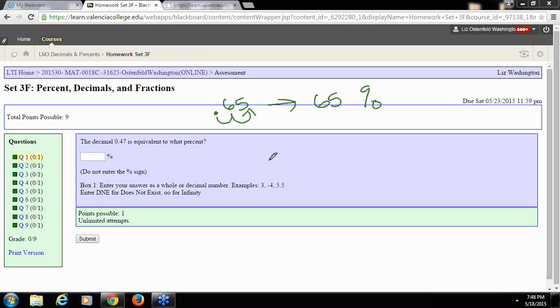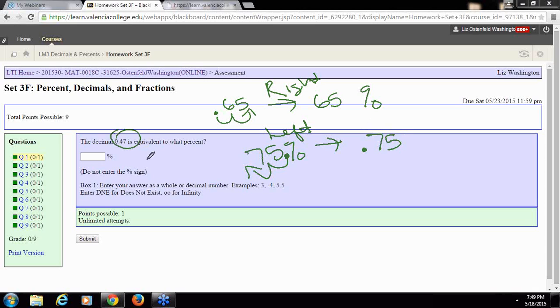And the same thing goes for a percent. Let's say I have 75% and I want to change it to a decimal. Well, instead of moving 2 places to the right like I did up here, I'm actually going to do 2 places to the left. So technically my decimal is right here. Boom, boom. I'm going to get 0.75. Okay, so that's what we're going to do for all these.